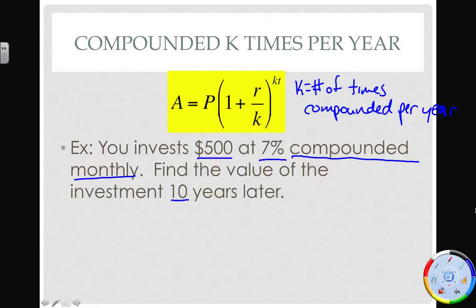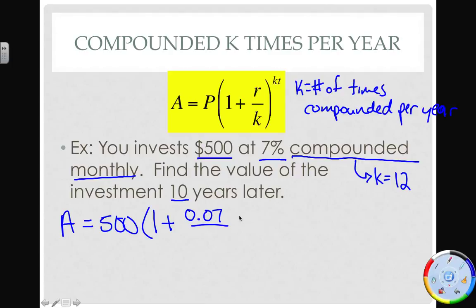And I look at my important pieces. Okay, so I'm investing $500 at 7% compounded monthly, which means K equals 12, because there's 12 months in a year, right?